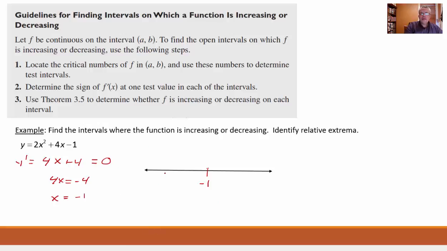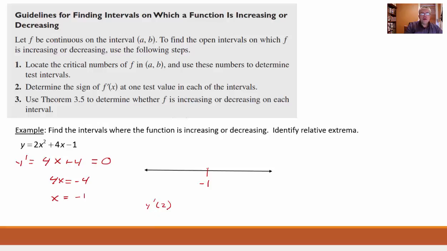And then we're going to test the first derivative. If the first derivative is positive over here, it's increasing. So let's see. If we pick a point over here, for instance, like -2, we're going to test the intervals. We're going to put a point in the interval into the derivative, and it'll tell us whether it's increasing or decreasing.